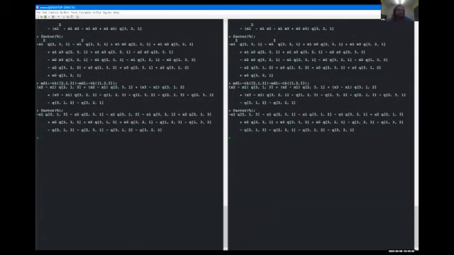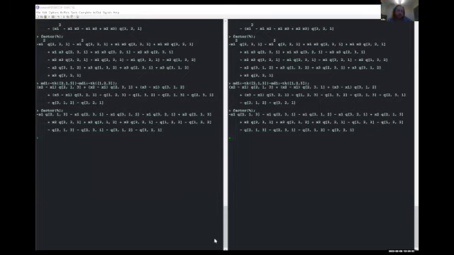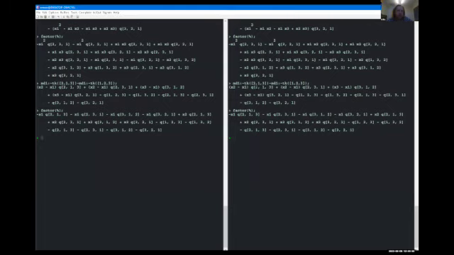Hmm. I'm sorry, guys. I ran this last night and I looked at it and it factorized properly. Why is this not working?